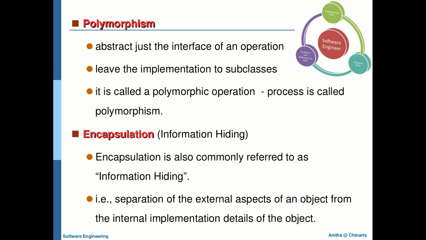When you have function overriding or method overriding, we call it polymorphism, where the base class has some kind of abstraction which is to be implemented in the derived class. That is what you call function overriding. The base class has one specification, and you implement it in the derived class in a different way. That you call a polymorphic operation, which is known as polymorphism.